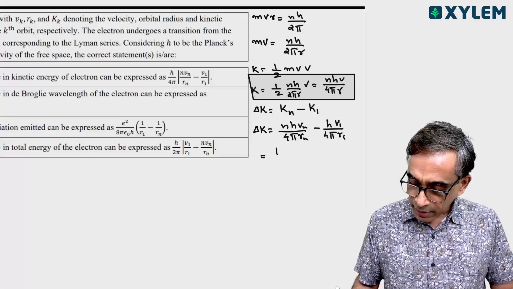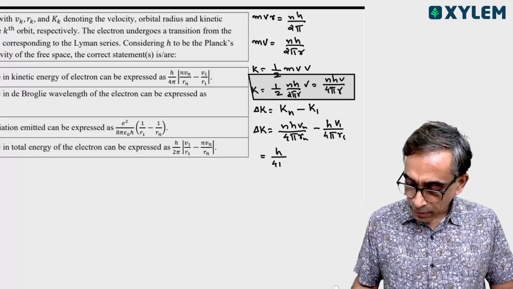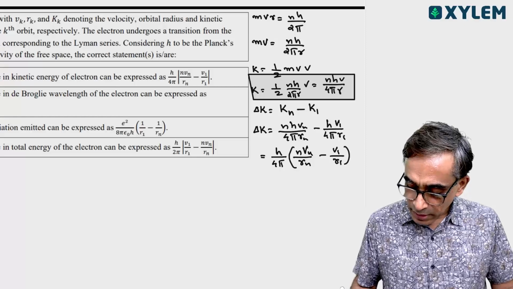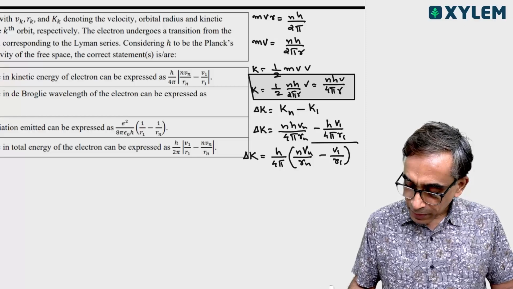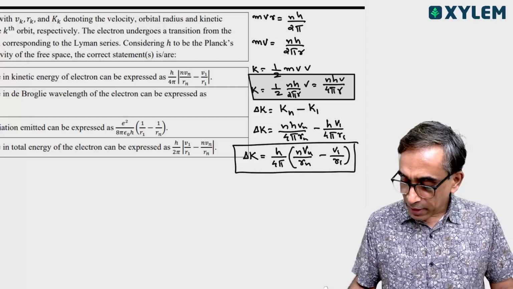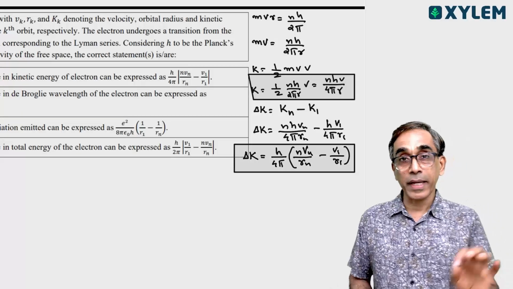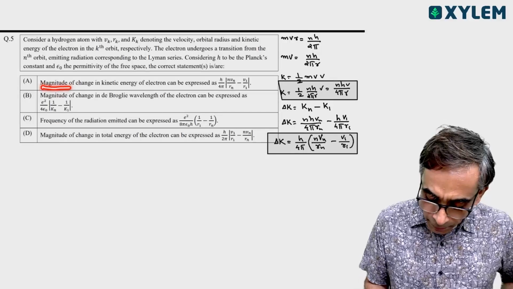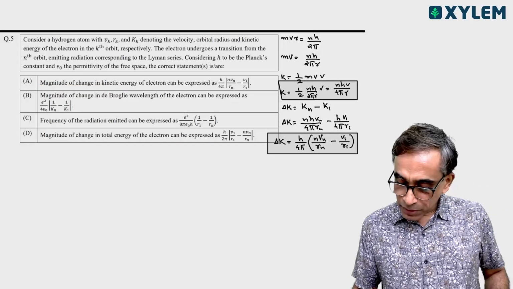Look, what is the common term? h by 4 pi is common. In the bracket you'll get n vn by rn minus v1 by r1. So this is delta k. But when we calculate like this, its value will become negative. Once you take the magnitude, that means option 1 is correct.